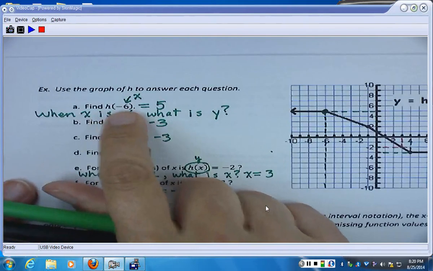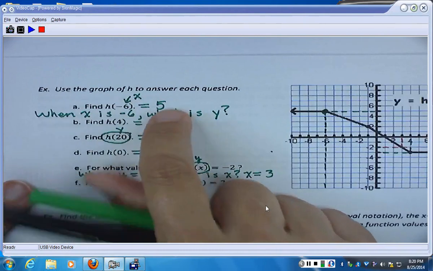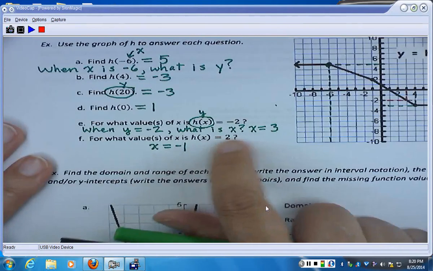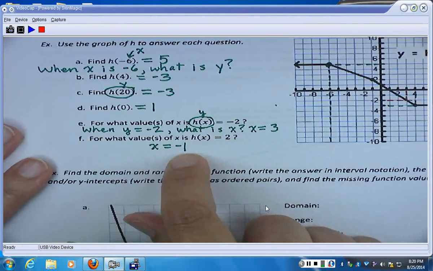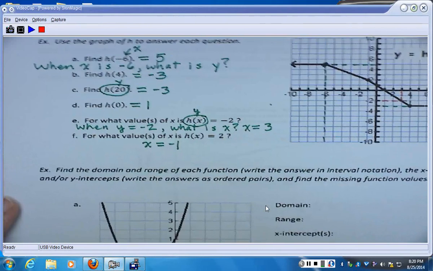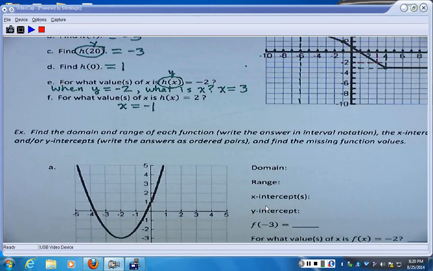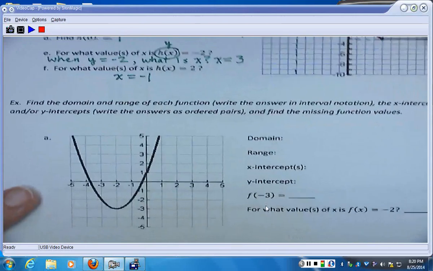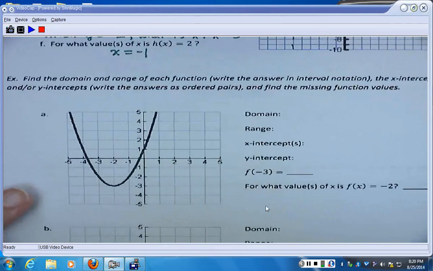So on these up here, when h of -6, that equals 5. But you can't just say that this equals -1, it's x equals -1, and x equals 3. Okay. All right. So that's function notation, practicing questions for function notation.